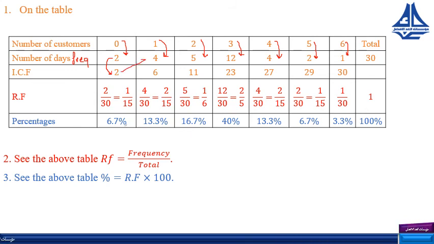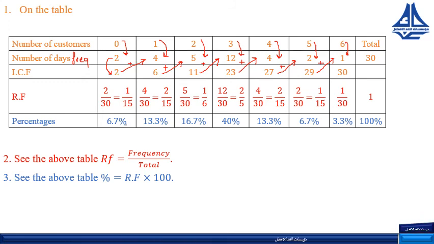2, we add plus 4, the answer will be 6. 6 plus 5, the answer will be 11. 11 plus 12, the answer will be 23. 23 plus 4, the answer will be 27. 27 plus 2, the answer will be 29. 29 plus 1, the answer is 30.